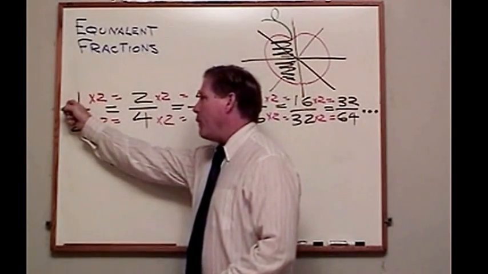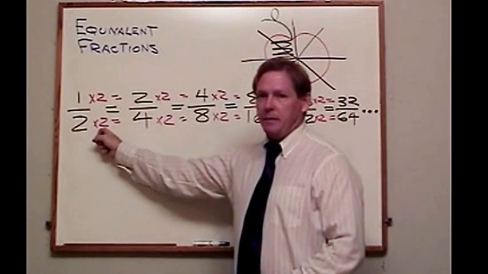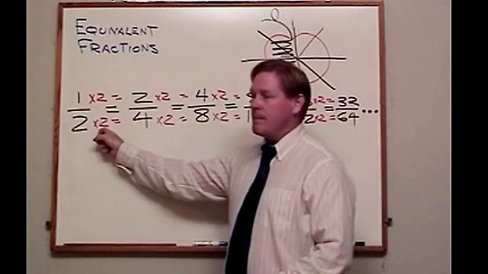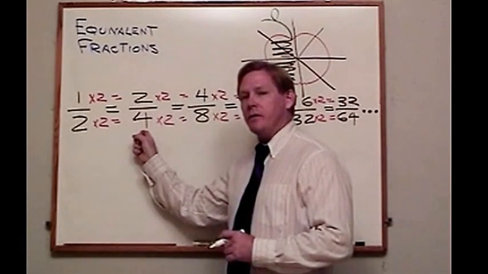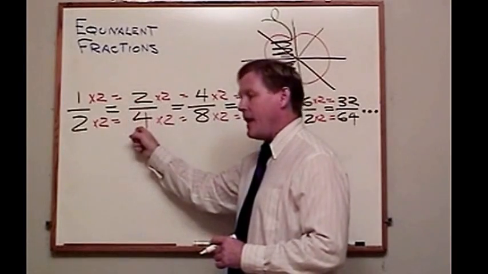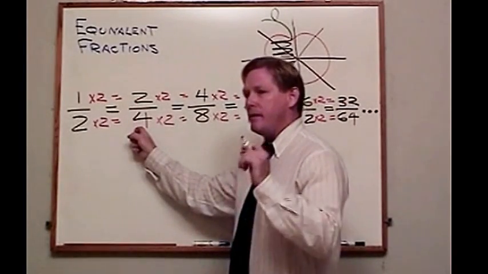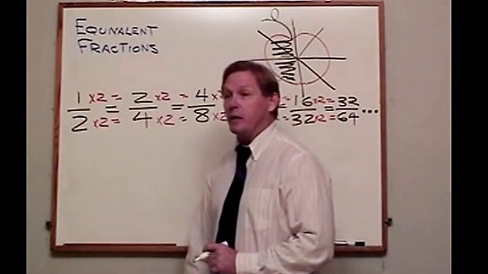Anytime you multiply both the numerator and the denominator by the same number, by the same factor, you will have an equivalent fraction. Now that also goes for division. Anytime you divide both the numerator and the denominator by the same factor, by the same number, you will end up with an equivalent fraction.